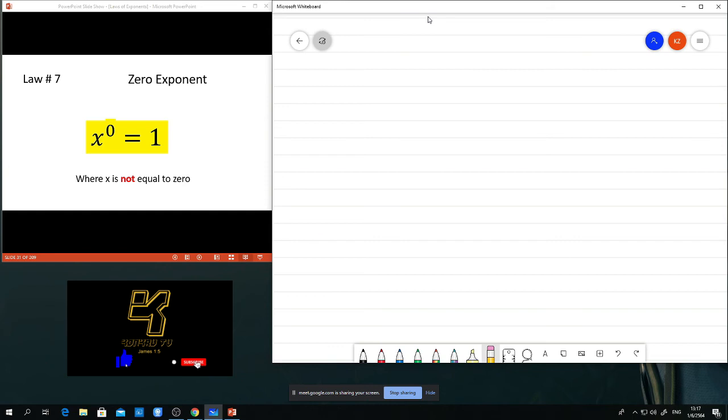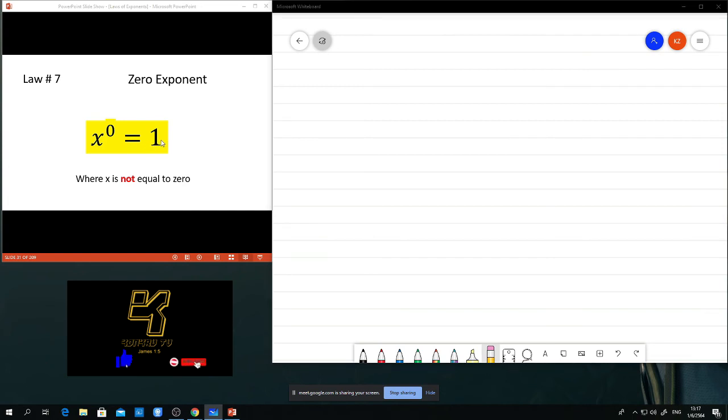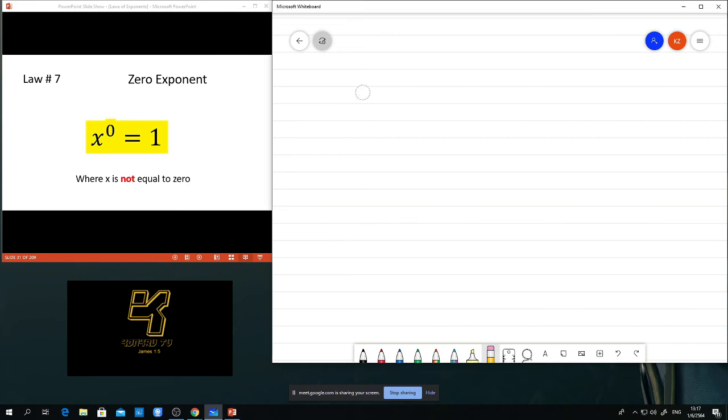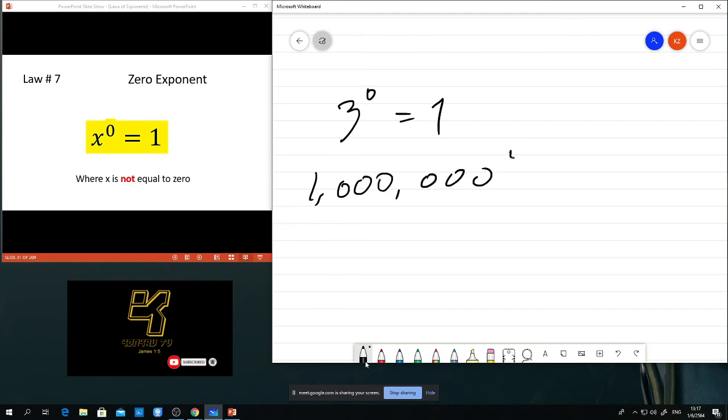Okay, law number 7. Zero exponent. So x to the power of 0 is equal to 1, where x is not equal to 0. So what does it mean? It means that we can use any numbers. For example, 3 to the power of 0 is also equal to 1. Even 1 million to the power of 0 is also equal to 1.